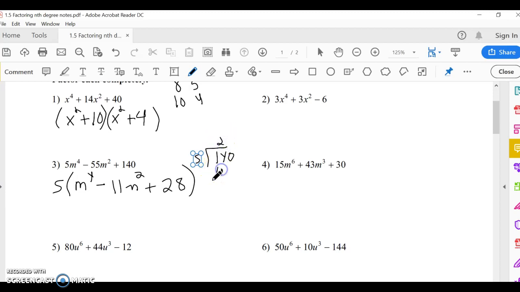That makes 10. Bring down the 40, a little long division, and you can see it's 8. Sorry about the pen, it doesn't catch up sometimes, it looks a little sloppy.